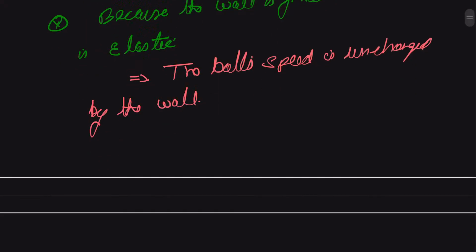And second, its direction is reversed. It means whenever there is a collision between the ball and the wall, the magnitude is going to remain the same, only the direction is going to be reversed.